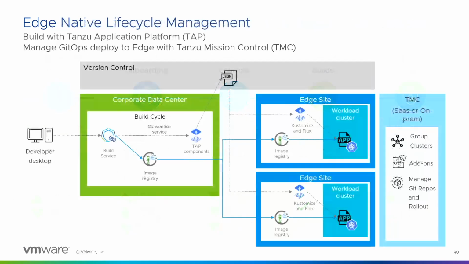That works quite well with edge because in the data center, developers are iterating and building apps. The platform creates the containers. Developers don't create Dockerfiles, so you have a lot of control over the contents of that container. The other nice thing about the way it creates those containers is it splits the container into layers: the code that the developer wrote, the runtime, whether it be Java or Node.js, and then a base operating system.